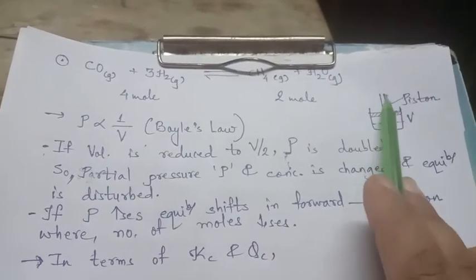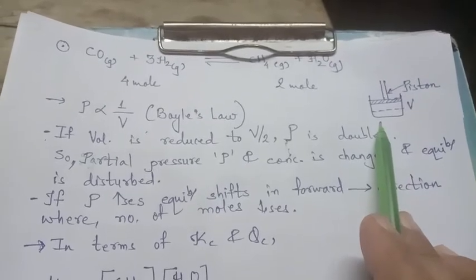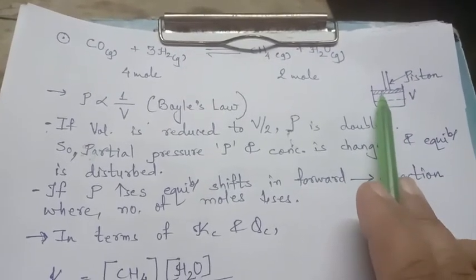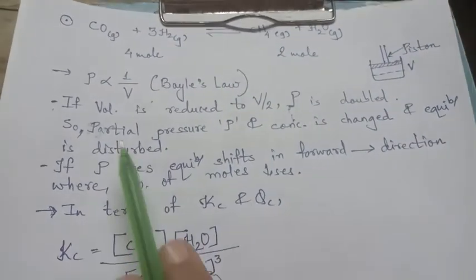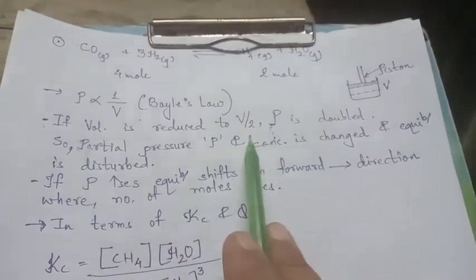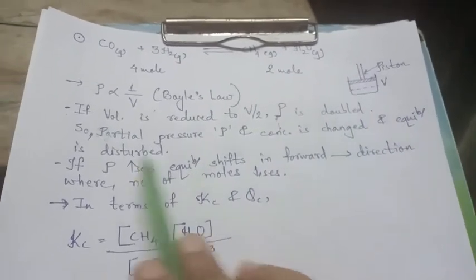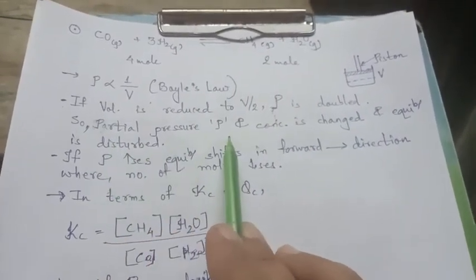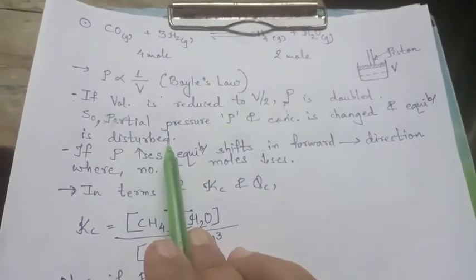Here what happened? Pressure is increased, more pressure is applied, volume is decreased, right? If pressure is decreased, volume will increase. So if volume is reduced to half, pressure is doubled. So partial pressure and concentration are changed and equilibrium is disturbed.